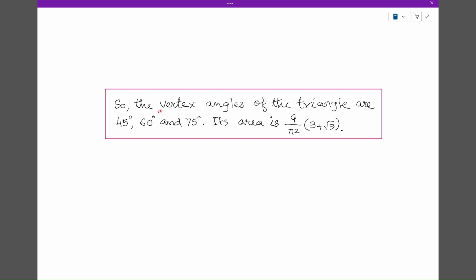So the vertex angles of the triangle are 45 degree, 60 degree and 75 degree, and its area is 9 divided by pi square multiplied by 3 plus square root of 3. This is the answer. Thank you.